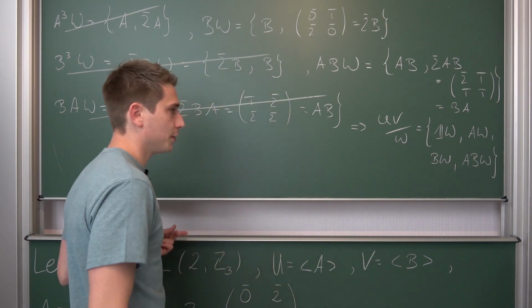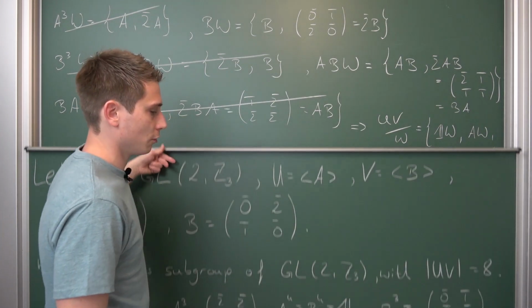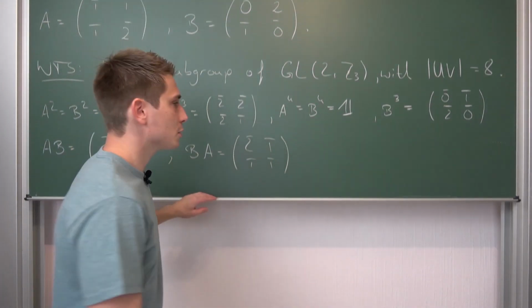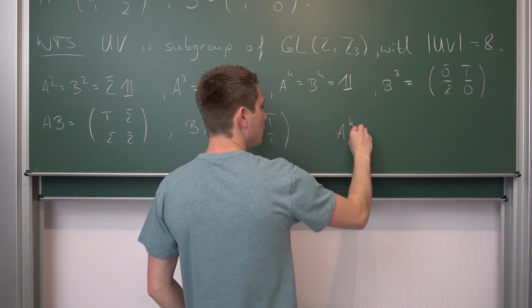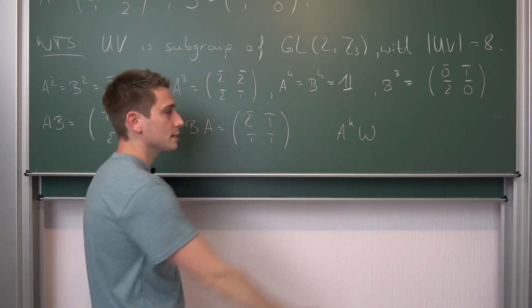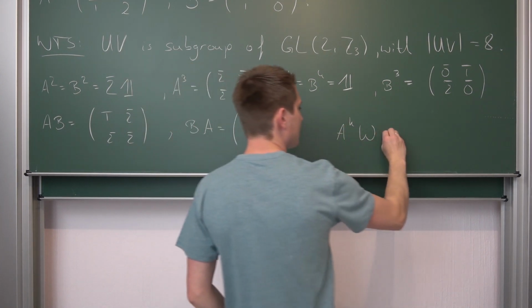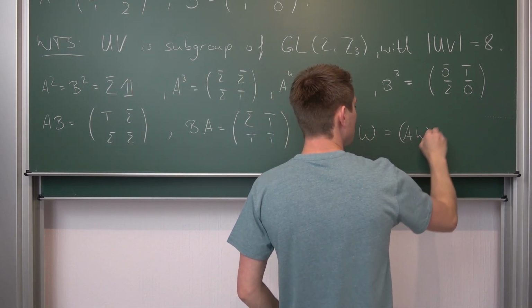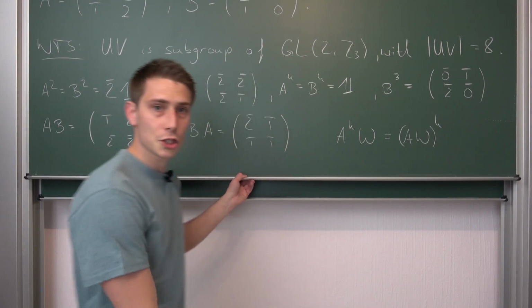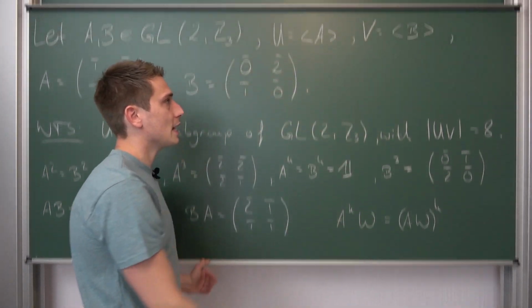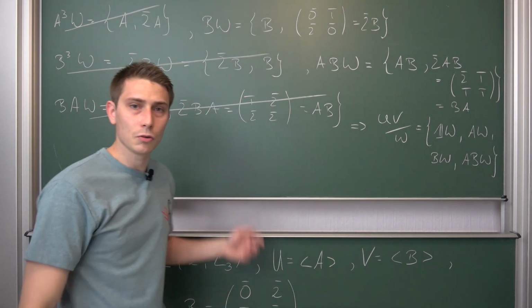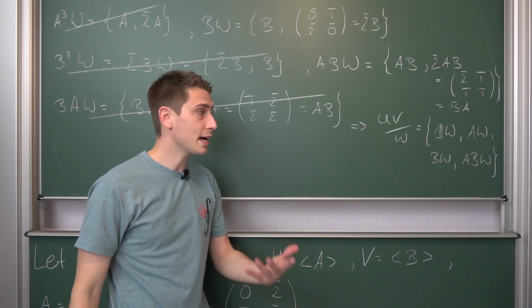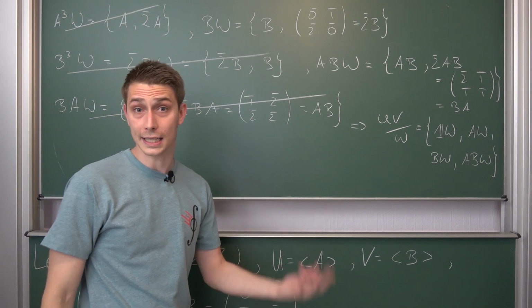There's one important thing that we are going to make use of here. We are going to make use of the fact that if we have a to some power times w, since w is normal, this is the same as a times w to the kth power. So we are going to raise everything to the 4th power here, and we are going to show that this is indeed not equal to our identity.